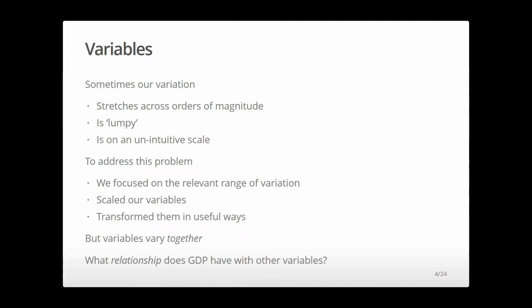If our only interest was to describe and summarize individual variables, those tools would probably be enough. But more often than not, we want to go beyond that. We want to understand what relationship those variables have, or if they have a relationship at all. We're usually not interested in GDP for its own sake, but rather in GDP as it relates to, for example, infant mortality, quality of life, likelihood of protest, or voter turnout.